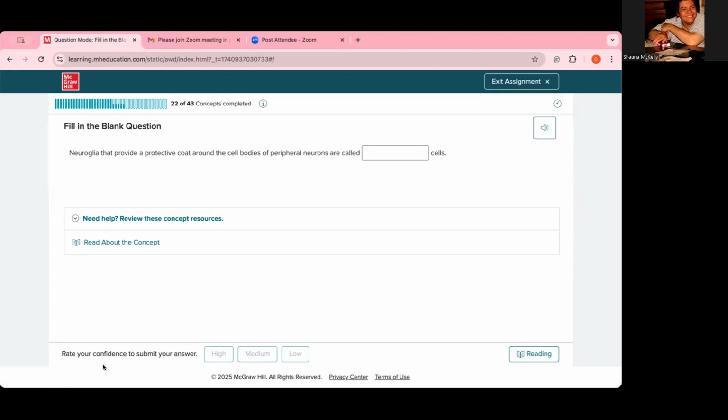Neuroglia that provide a protective coat around the bodies of peripheral neurons are called... Okay, so if it's in the peripheral nervous system, this is Schwann cells. I don't remember the spelling. S-C-H-W-A-N-N, I think that's the spelling.